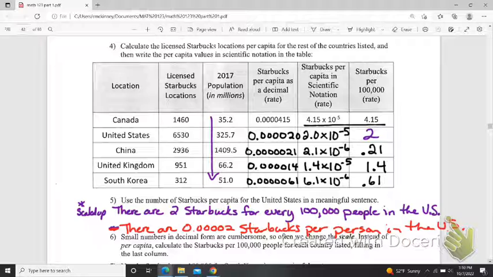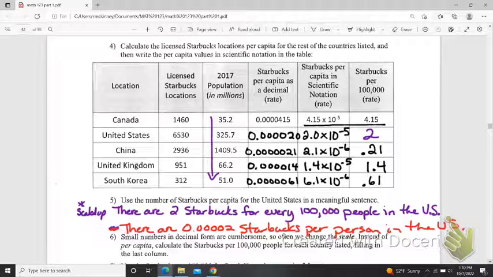So in number 5, we are asked to use the number of Starbucks per capita for the United States in a meaningful sentence. And so I scaled that. I used the scaled up version, the per 100,000. But I guess that's really not the per capita for one person.